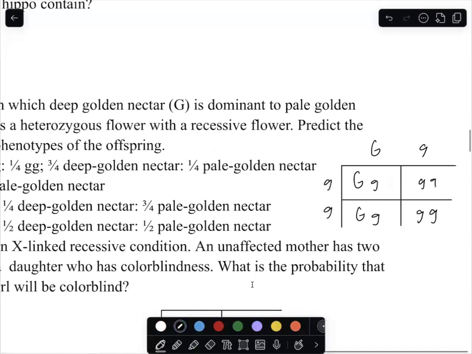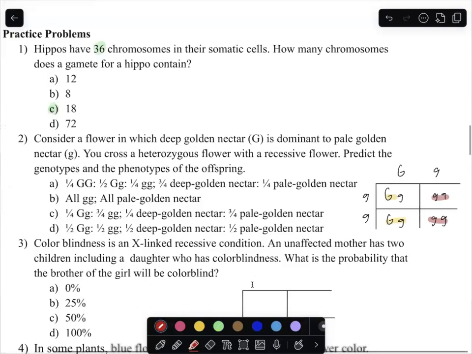Okay, so it looks like these two are dominant and will be the deep golden color, and these will be the pale. I'll just do the red. So we're about half and half. And that is also reflective of their genotypes. We have big G, little g, and small g, small g. So D is our answer.